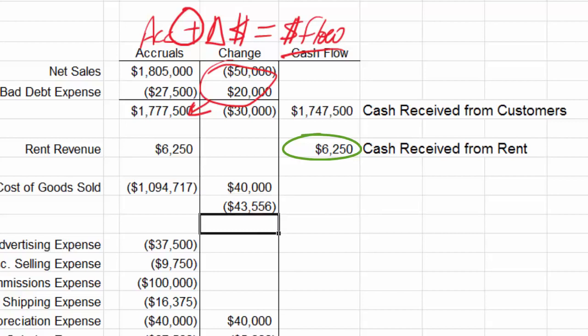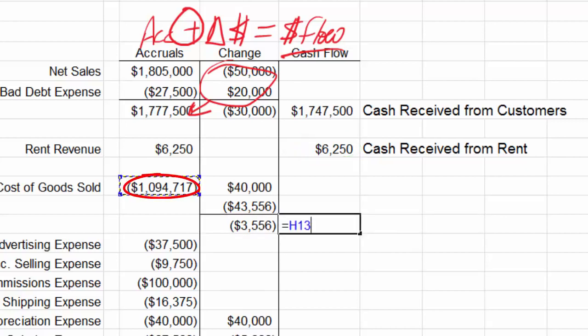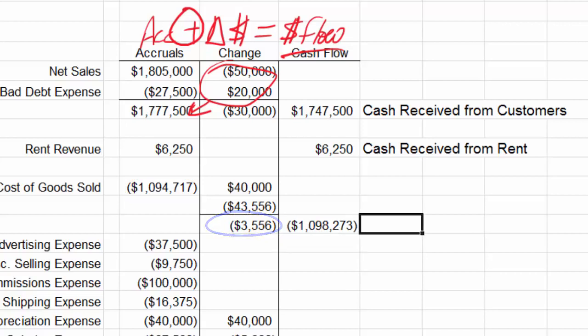Cost of goods sold, oops, it's got two adjustments. So I will net that out and then add it. So I'm going to take the $1,094,717 plus the $3,556, and this is my cash paid for inventory.